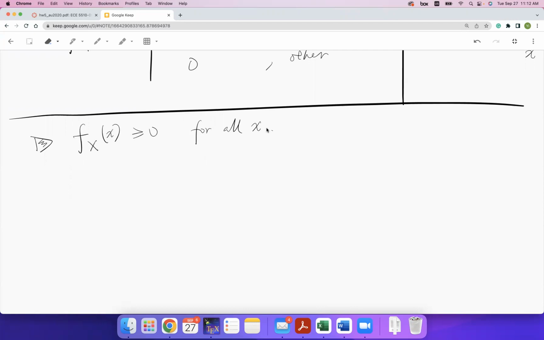Because we know the CDF is non-decreasing. Because the CDF is non-decreasing, by taking the derivative, the derivative should be non-negative.